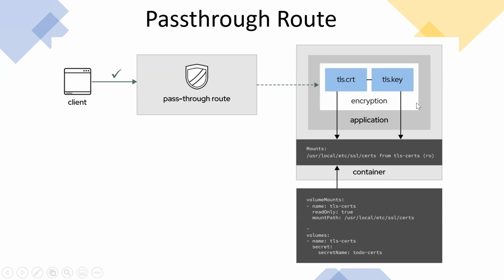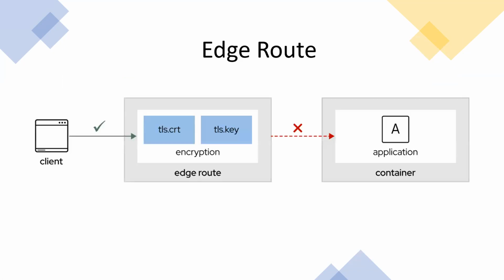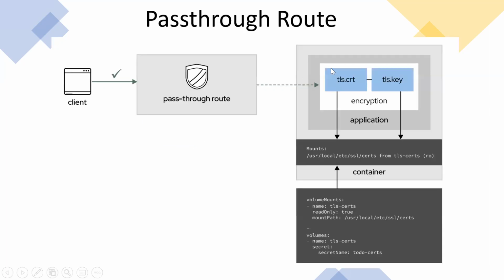But the difference between the edge route and the pass-through route is that the edge route uses the TLS certificate provided by the OpenShift cluster, whereas in the pass-through route, the application owner has to provide their own certificates. That is the main difference here.